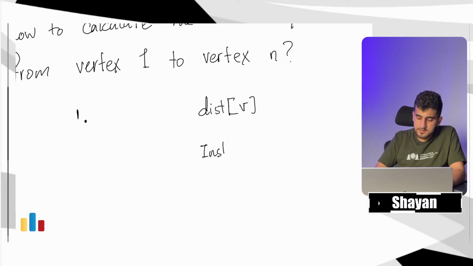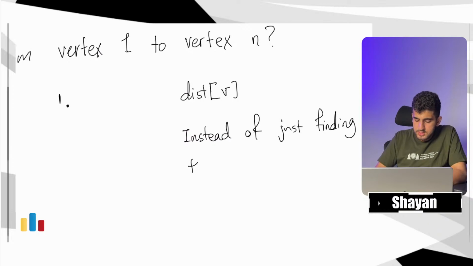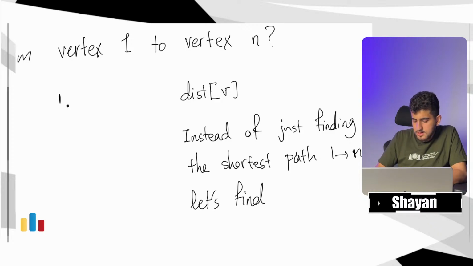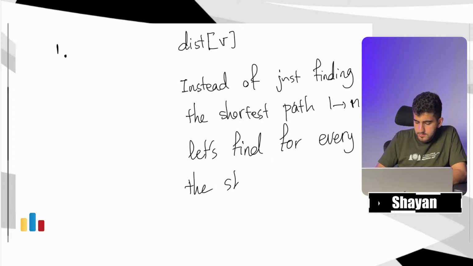Instead of just finding the shortest path from 1 to n, let's find all the shortest paths. Let's find, for every v, the shortest path from 1 to v.